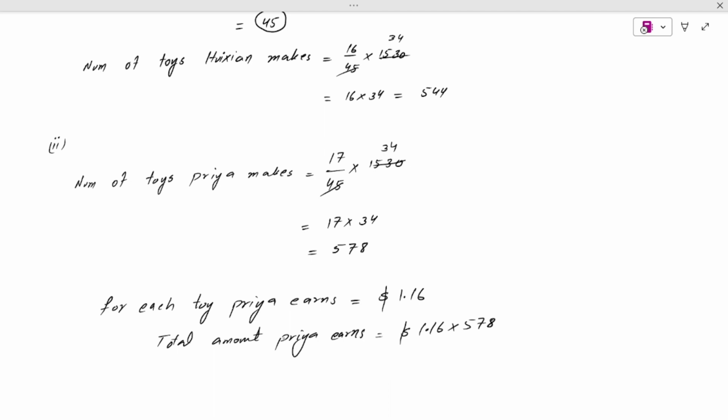We multiply the price of one toy by the total number of toys to get the total amount Priya earns, and Priya earns $953.70. This is the total amount that Priya earned. This is the second part of question number 8.